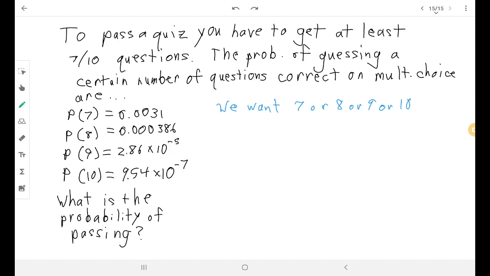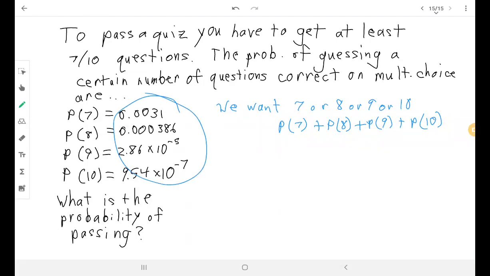So saying 7 right is saying take into account the probability of 7 right, and this is just guessing, right? Or plus, we'll add the probability of getting 8 right, or the probability of getting 9 right, or the probability of getting 10 right. So all we have to do is take all of these numbers and add them together.